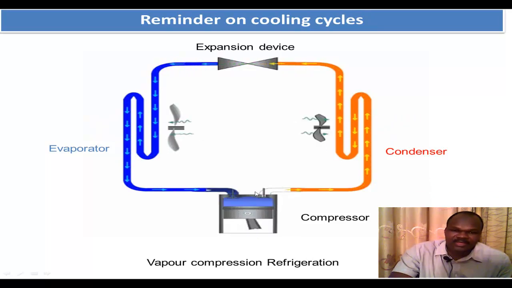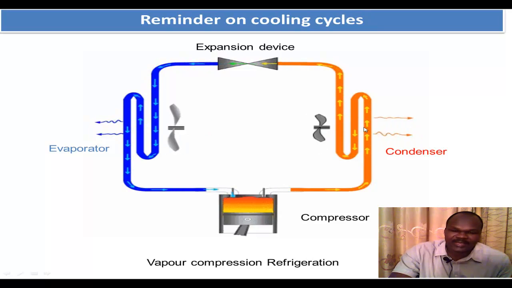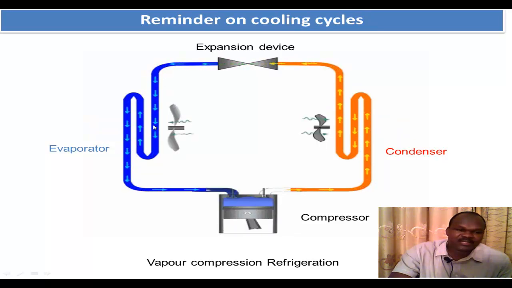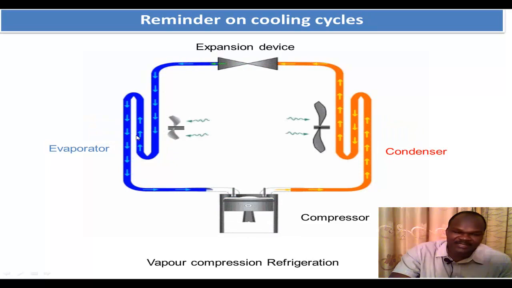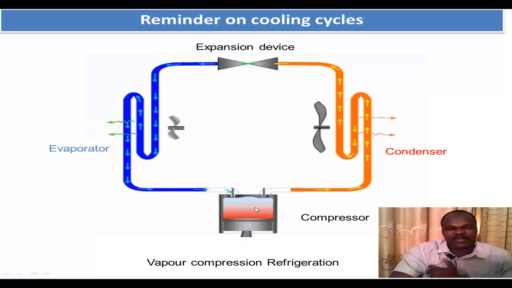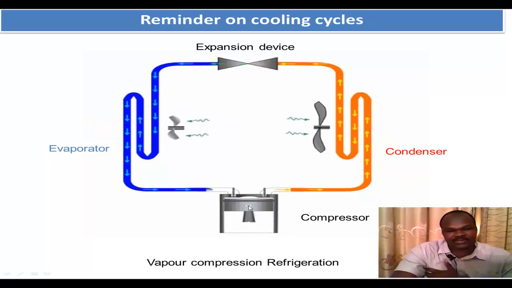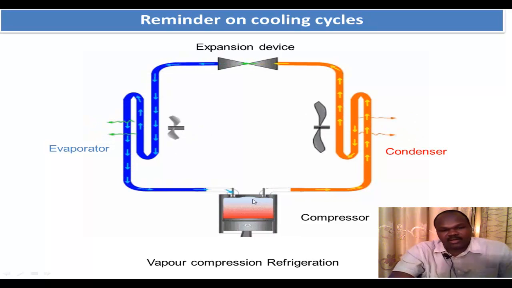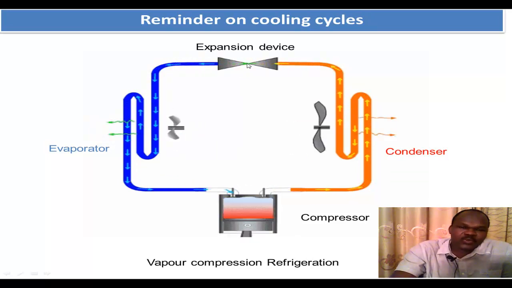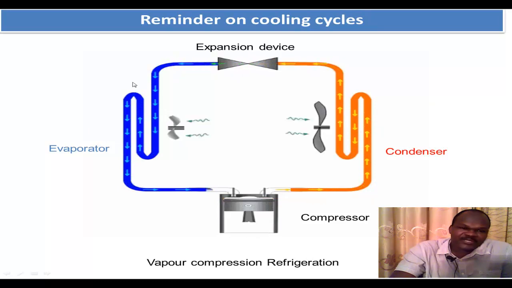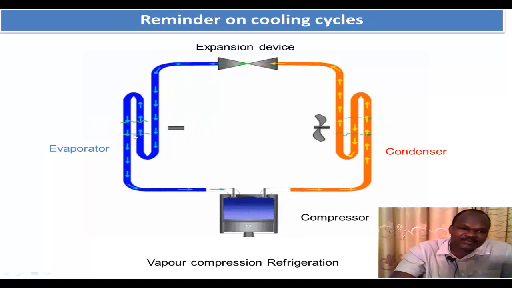The fluid goes here, releases the heat, and then it comes back in its initial state. But because the pressure was raised, you need a device to lower the pressure for the fluid to come back to its initial state to form a complete cycle.